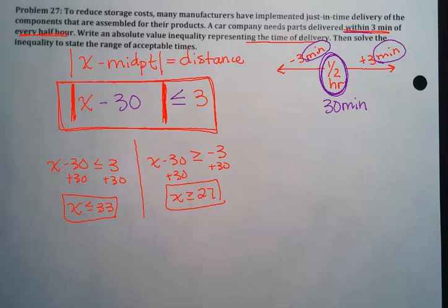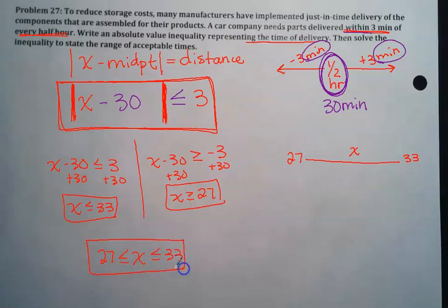Somewhere in between here, we can go 3 minutes less or 3 minutes more. So by looking at this, we know it's the combined conjunction. Between 27 and 33 is when they have to get those deliveries in. So 27 is less than or equal to x, which is less than or equal to 33, as your combined conjunction.